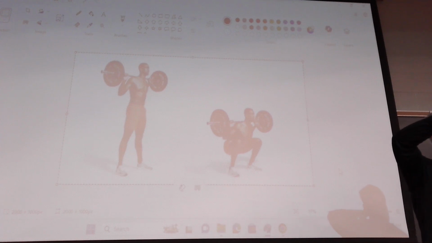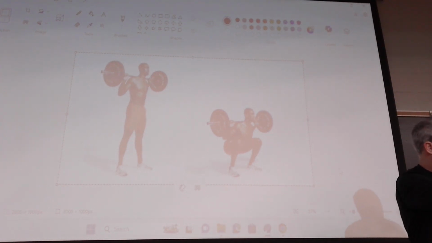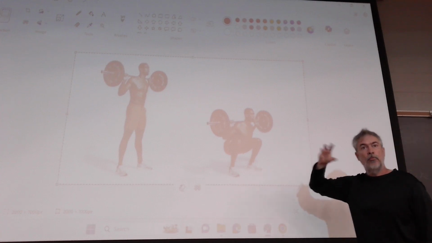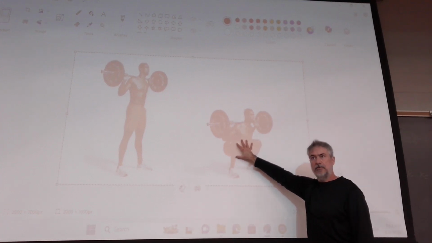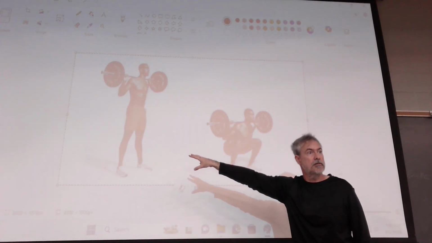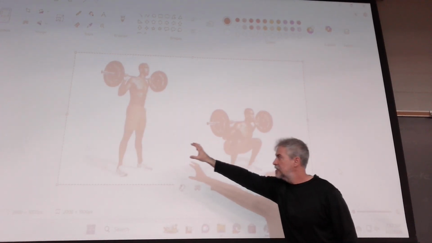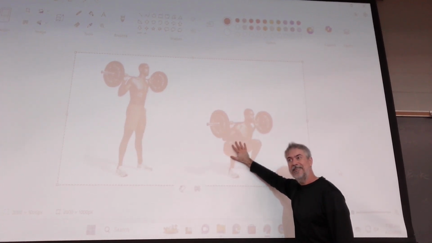Knee extensors. Good. Absolutely. And we can say it in a sentence. Knee extensors are going to do the knee extension through concentrics. And the knee extensors are going to allow the knee flexion through eccentrics.